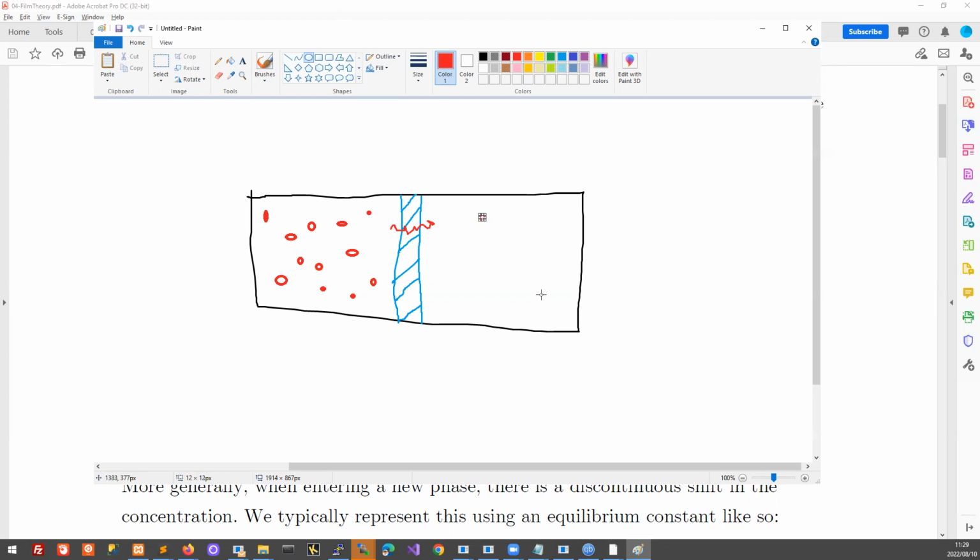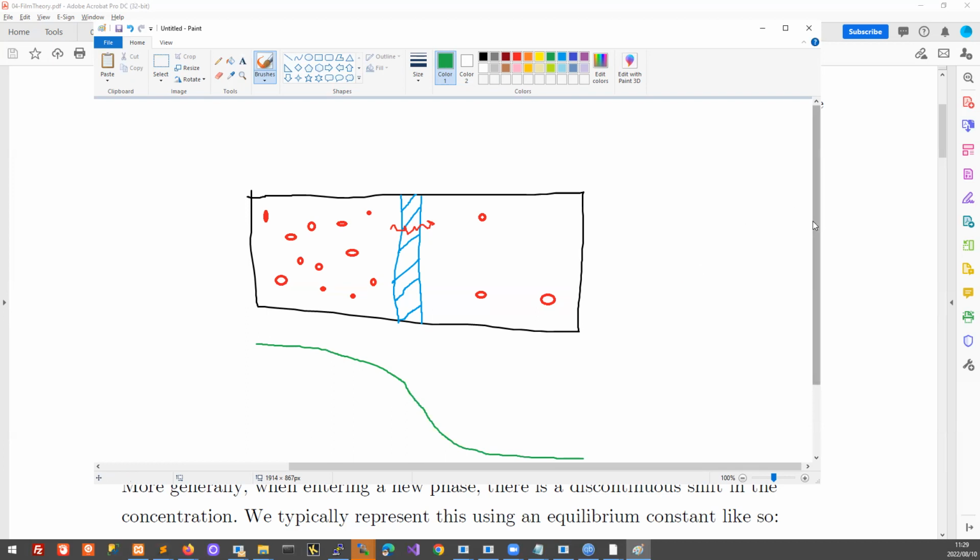So in film theory, what we say is, well, we know that there is a continuous concentration variation. So if we were to draw it, for example, we could say, well, the concentration is high here, and then it changes across the interface, and then it's lower here.